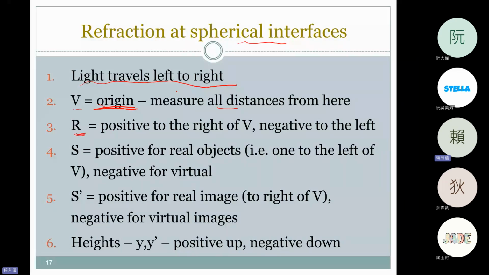If the center of curvature is positioned to the right of V, then R is positive. That means that if the light travels from left to right, and your surface is such that the center point is to the right of V, where V is the vertex here, then R is positive.